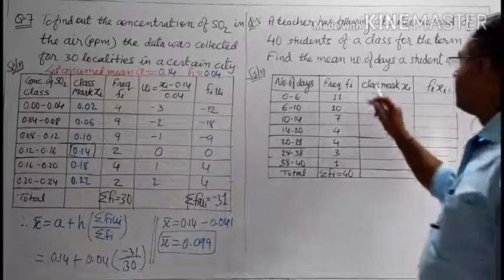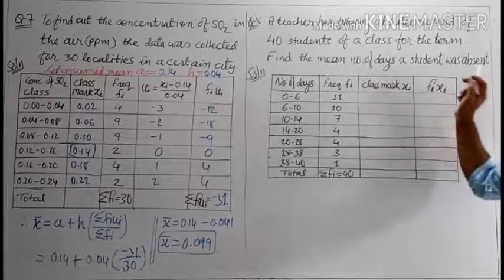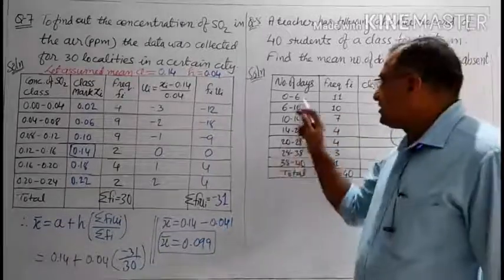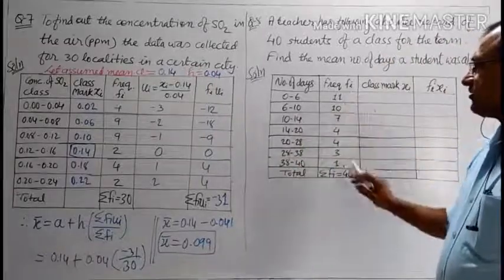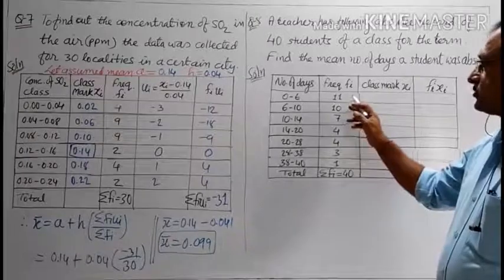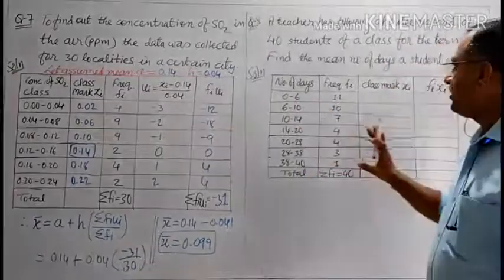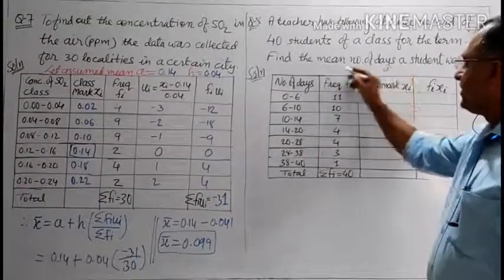Now we have to find the mean number of days a student remained absent. Here the class is given, and this frequency is the number of students who remained absent for that number of days. This data is given. We have to find the mean number of days. So to find it, what shall we do?